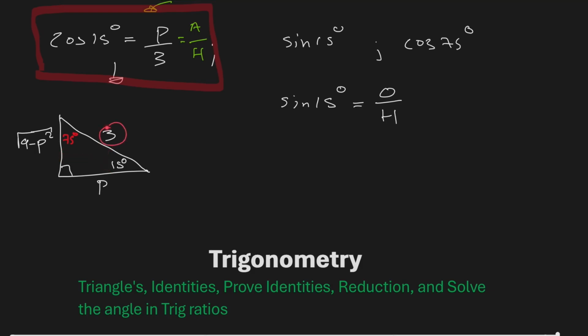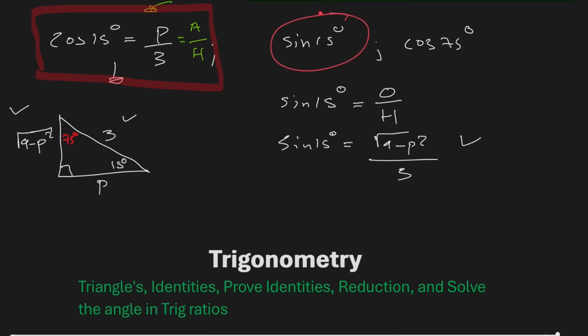And then the hypotenuse side is always going to be 3. So for us to determine this sine of 15 degrees, the length of the opposite side is just going to be what? Square root of 9 minus p squared. And the length of the hypotenuse side is just going to be 3. And therefore, that is the answer that we will give to the ratio of sine 15 in terms of p.